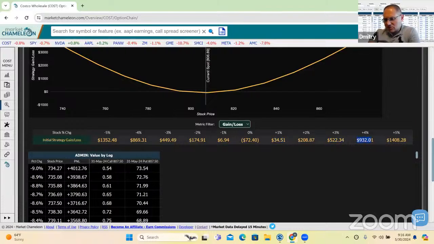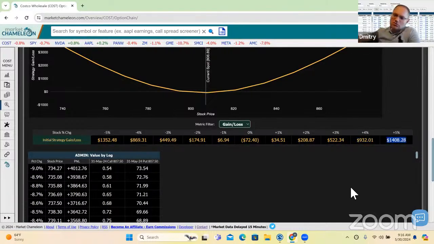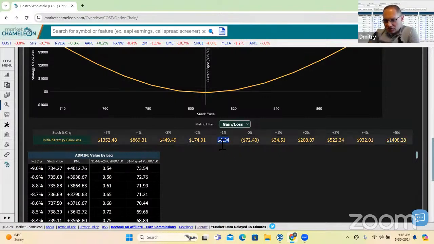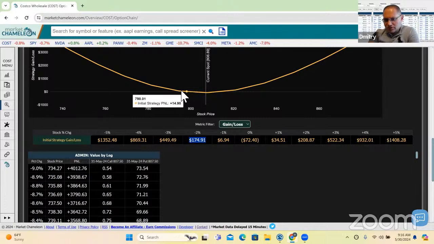This is the straddle. The more it moves away from that stock price, the more profitable it is, right? On the way down, you could hover over to get those P&Ls.